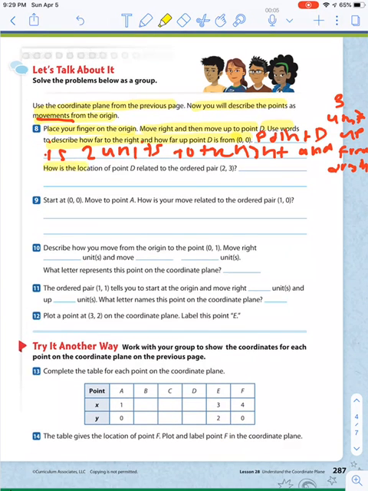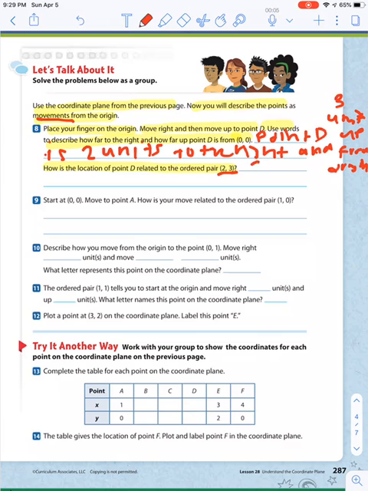All right, how is the location of point D related to the ordered pair 2, 3? Well, you might just be thinking to yourself, Ms. Kajawa, isn't that the same thing as the last question? It's very similar. Pretty much, by saying moving 2 units to the right and 3 units up from the origin, that's the same as 2, 3. Whenever we see 2, 3, that means move 2 units to the right and 3 units up.